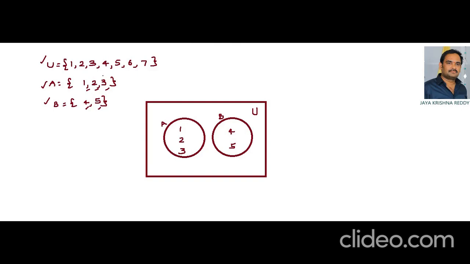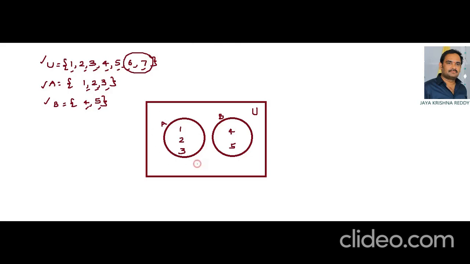But if you observe, in the universal set we have 1, 2, 3, 4, 5, 6, 7 elements. By this diagram, the two sets A and B lie inside the rectangle, means inside the universal set. That means 1, 2, 3, 4, 5 elements are already in the universal set, and two more elements are there, that is 6 and 7.